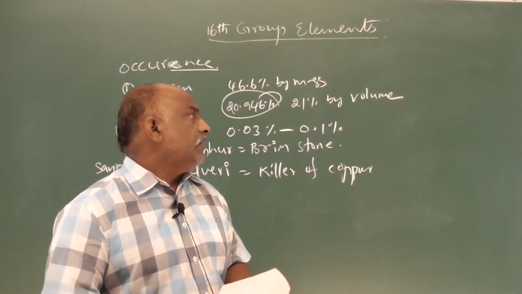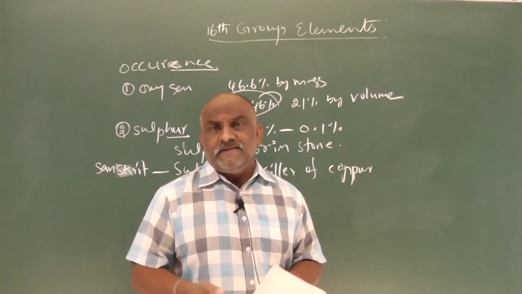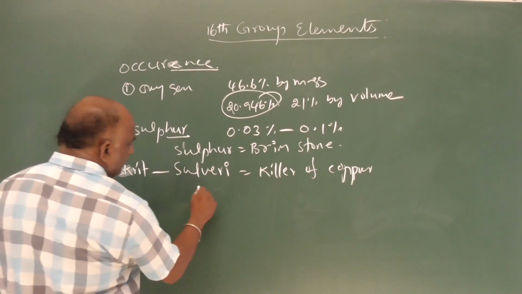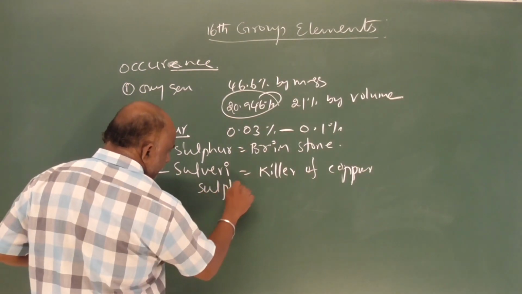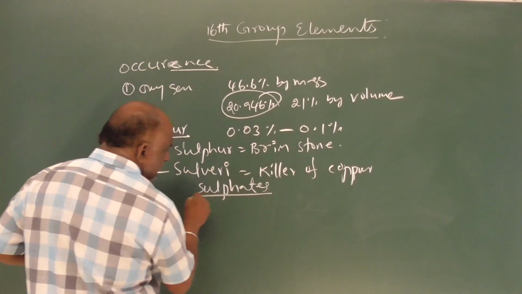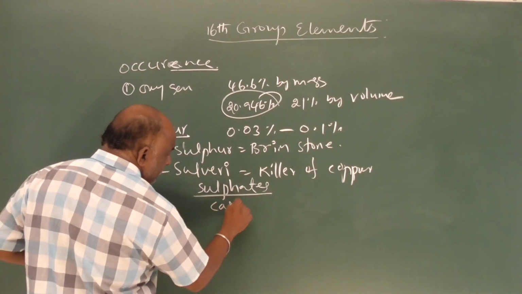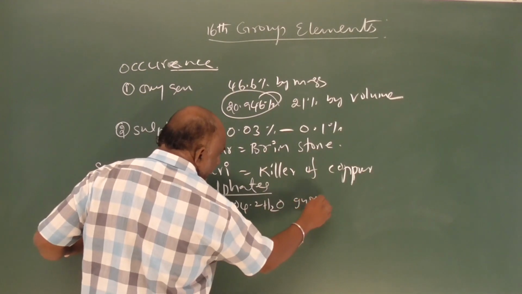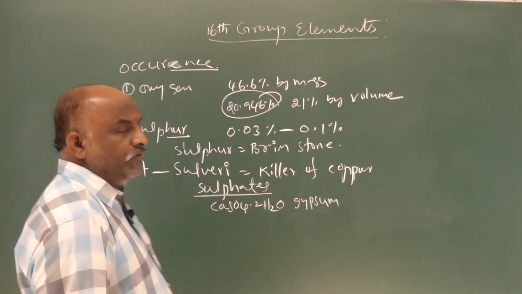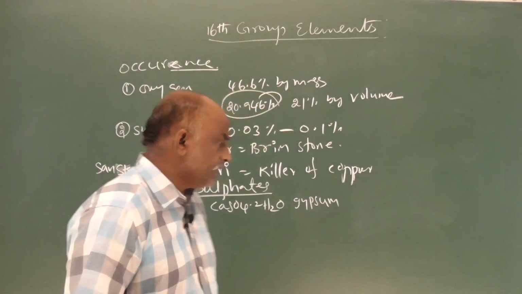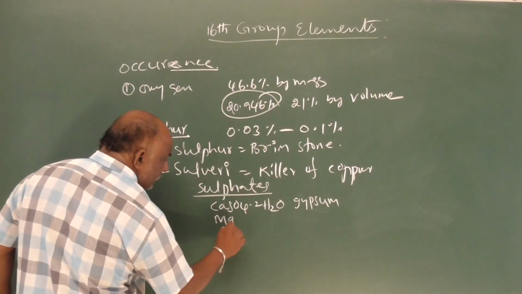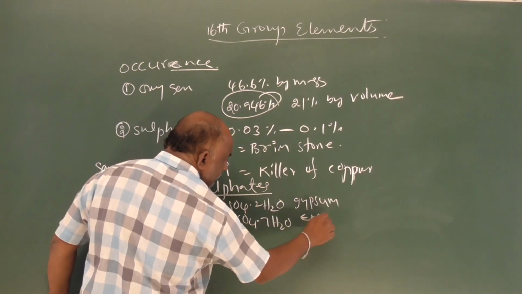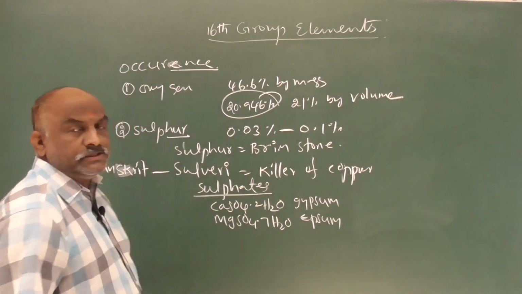So what are the minerals of sulfur? Let us consider sulfates. CaSO4 2H2O is called gypsum. MgSO4 7H2O is called Epsom salt. Make a note, my dear students.